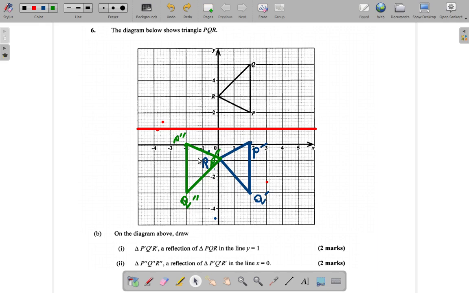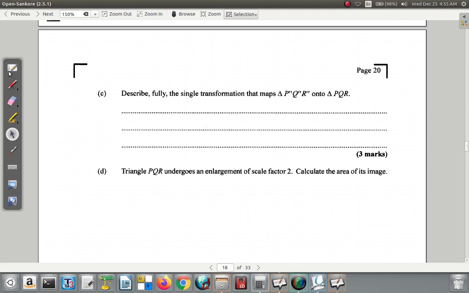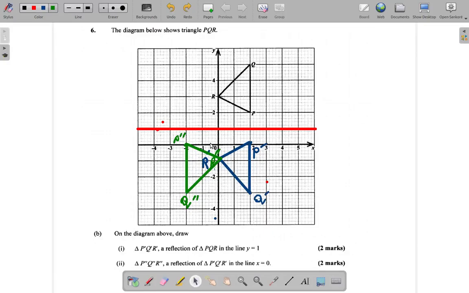Alright, what you could do is consider what they say is a single transformation. Fully a single transformation, right? Suppose you have P double prime here, and you consider that this line would join them.